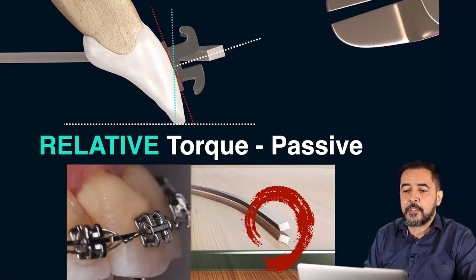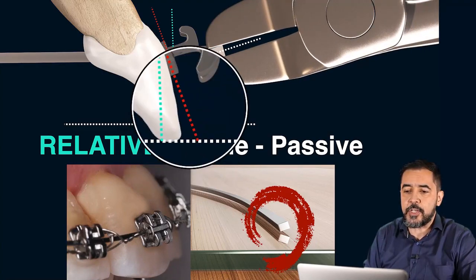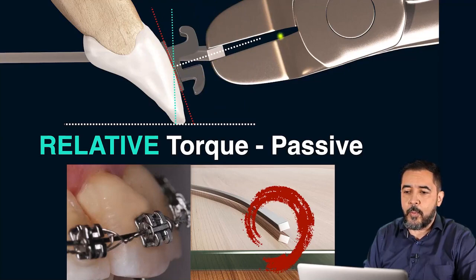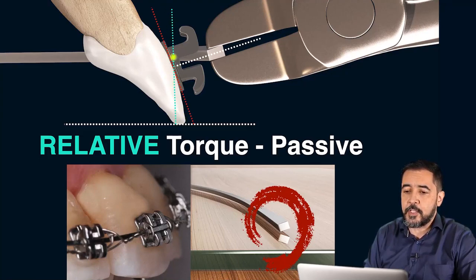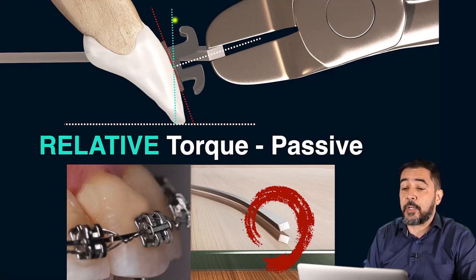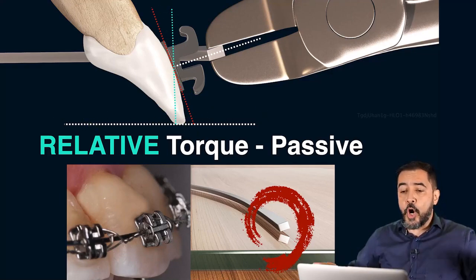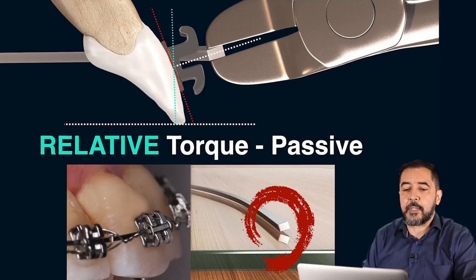Let's see. Now, as you can see, we have this inclination here, this white dotted line. It is the same as this red line here. This red line is related, of course, to this blue one, because here we have a line perpendicular to the floor, related to a real horizontal reference.